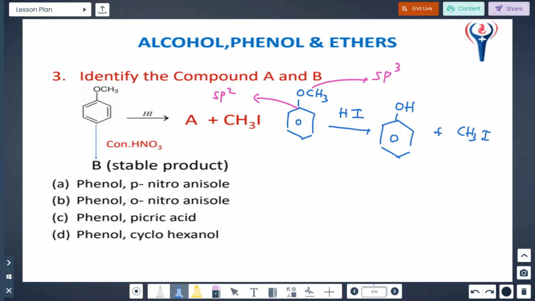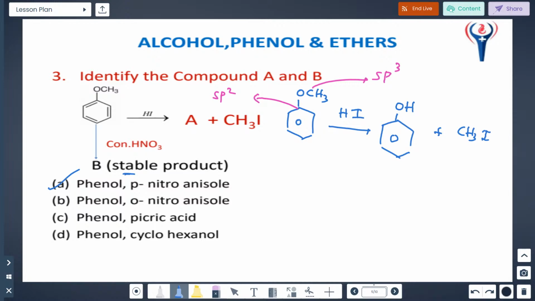If it undergoes nitration, we will get ortho-nitroanisole and para-nitroanisole. But they are asking only for the stable product, which means only para-nitroanisole. So A is phenol, B is para-nitroanisole. Option A is correct.